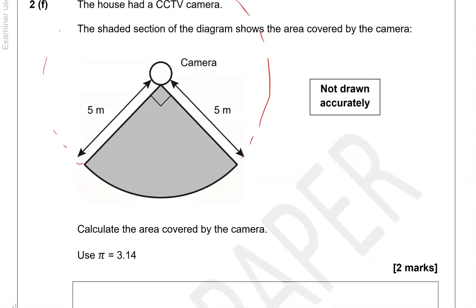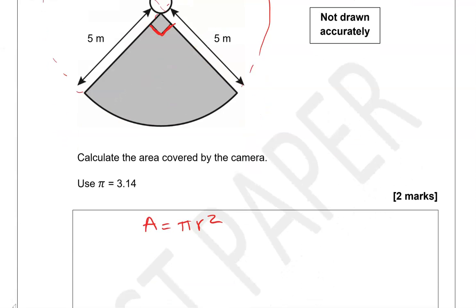And then once we've got that, we can divide by 4 to get this quarter, because we've got a right angle here which is 90 degrees, so that tells us this is a quarter, 90 degrees out of the 360.